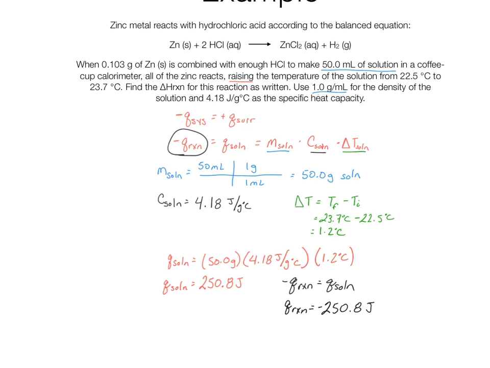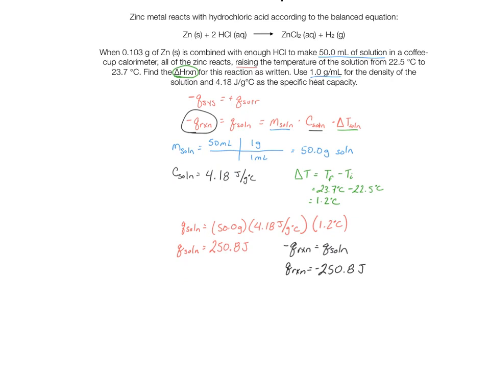But now we're not quite done, because we actually want to find delta H of the reaction, not Q. And so delta H of the reaction is going to be Q of the reaction divided by the number of moles that reacted. So to think about this a little more conceptually, this is the energy that is released when 0.103 grams reacts.